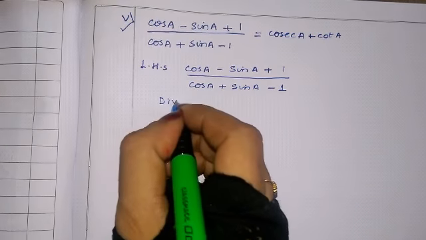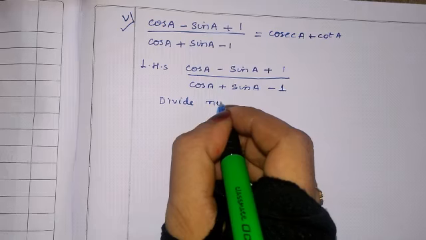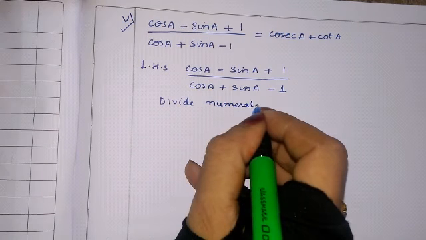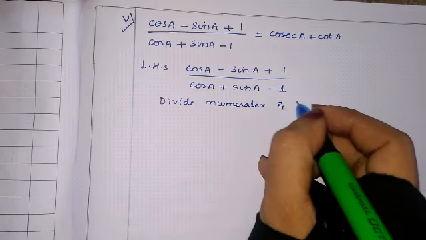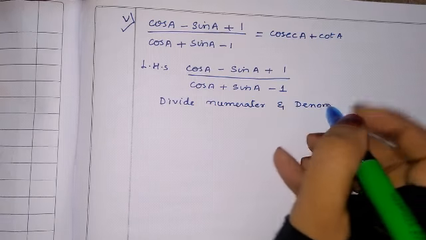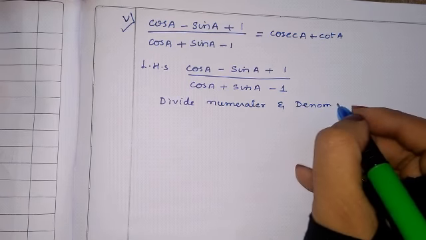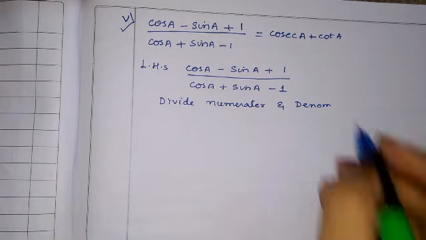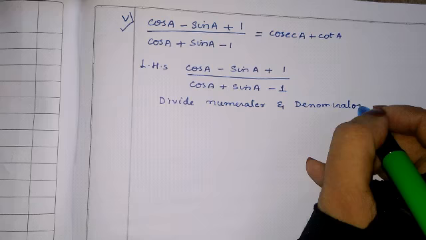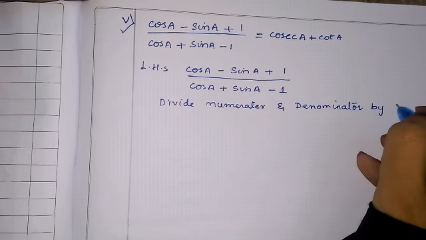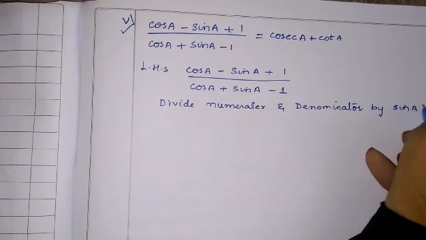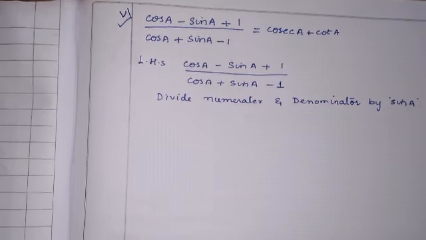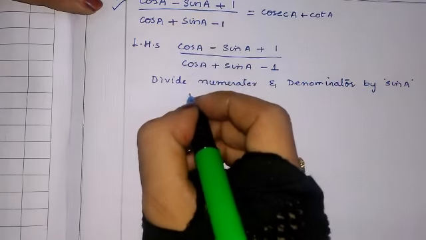Divide numerator and denominator by sin A. Both we have to divide by sin A. Let us start dividing.